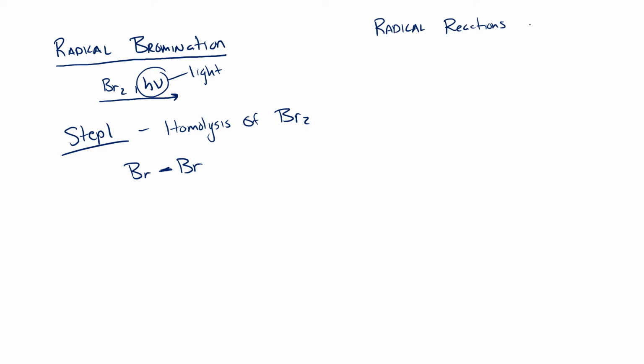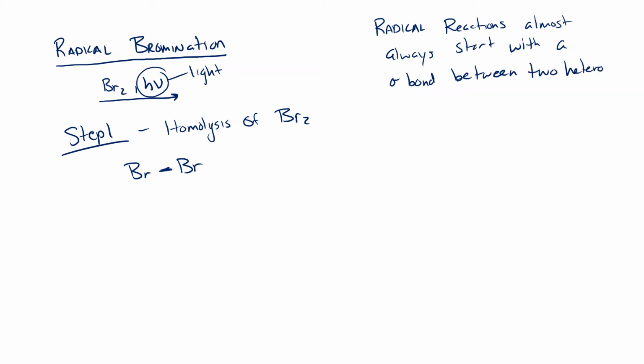Radical reactions almost always start with a sigma bond between two heteroatoms. And remember, heteroatoms are non-carbon, non-hydrogen atoms, right?